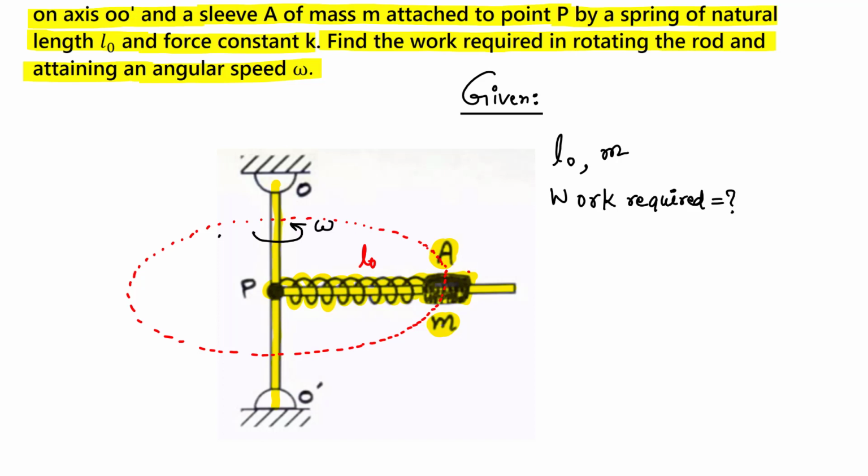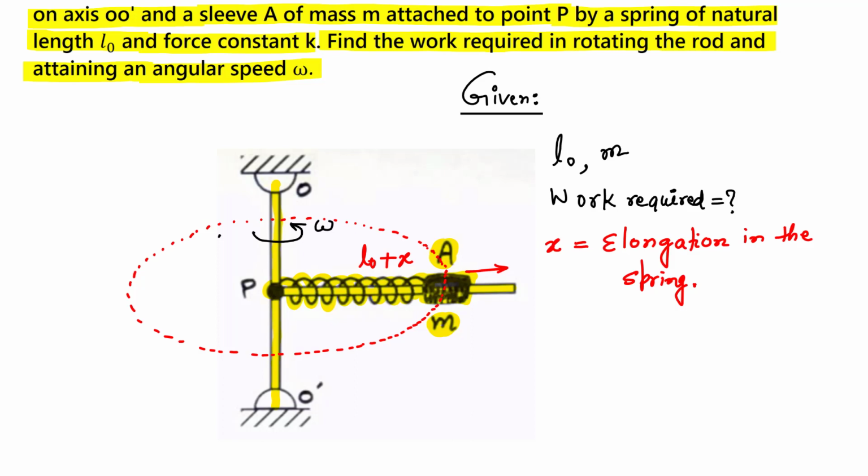But now this sleeve has a tendency to move in the outward direction, and due to this the spring will stretch. Let us say the spring stretches by an amount x. Then the final length is L0 plus x, where x is the elongation in the spring.